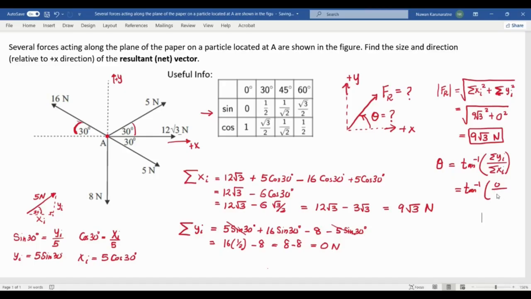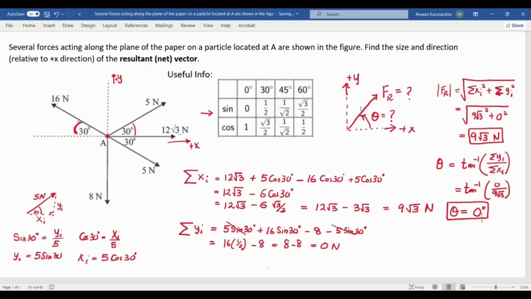Theta will be 0. So then that's going to be 0 degrees. Okay, so theta is going to be 0 degrees, which means that the net force is along the x direction. The net force is going to be along the x direction.